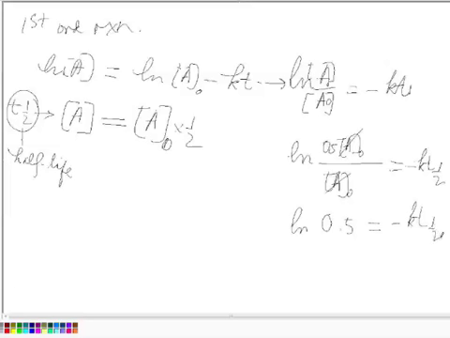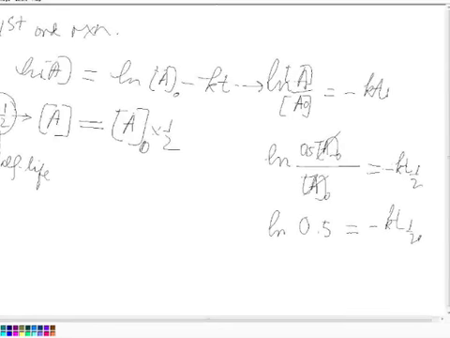And we know exactly that the value of ln of a half is equal to minus 0.693, equal to minus K t half.